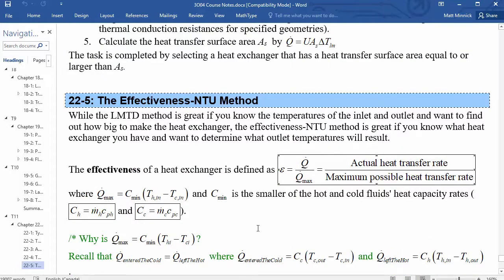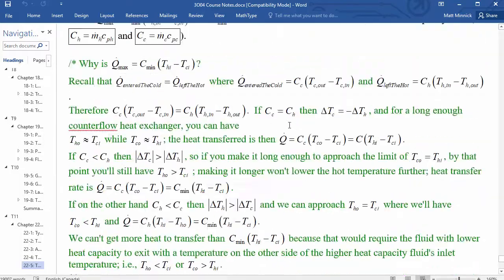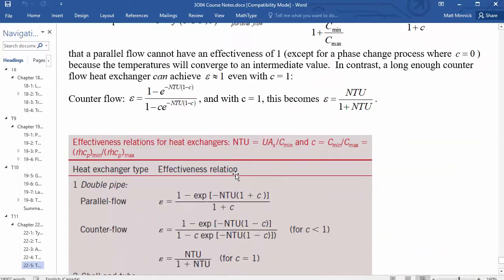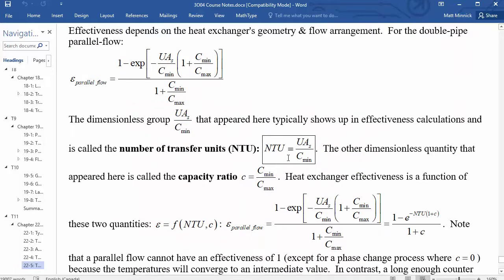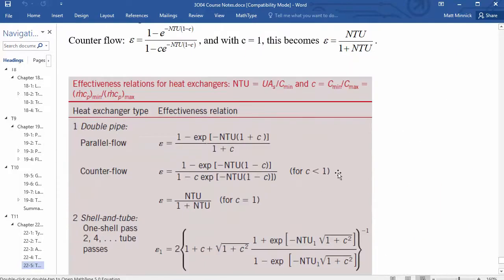Okay, so once you've got that, there's some formulas for effectiveness in terms of the number of transfer units, defined as UA_s over the minimum of the heat capacity rates.